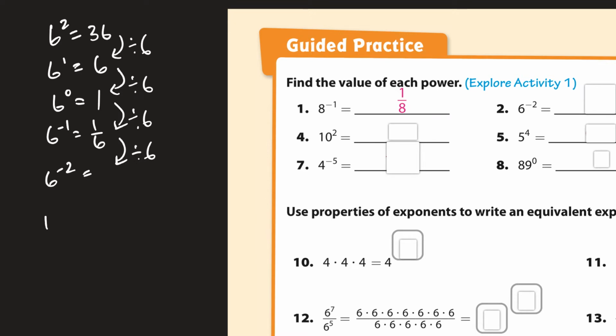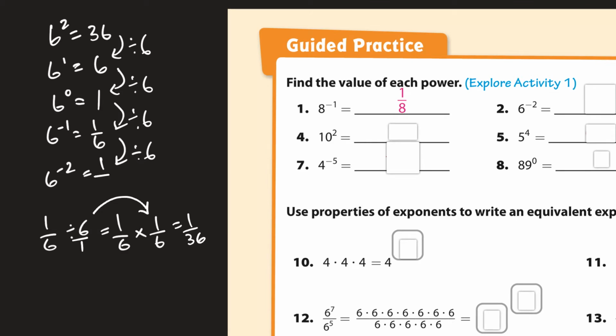Now, 1/6 divided by 6 is 1/6 times 1/6, right? Because you have to turn it into multiplication, and you have to flip that fraction. I could make it a fraction right here. That's 6 over 1, and when you flip it, it becomes 1/6. Now, 1/6 times 1/6 is 1 over 36.